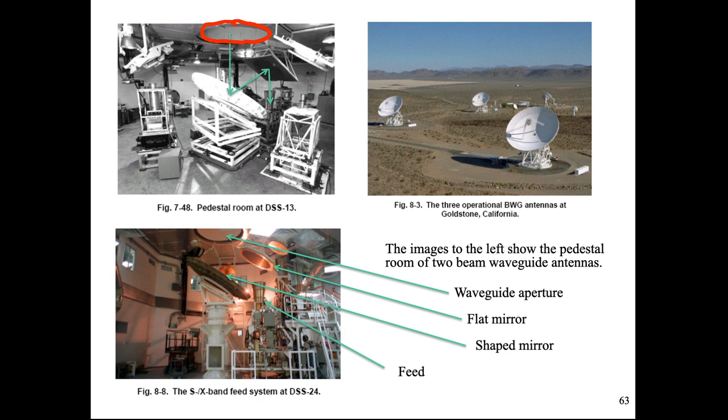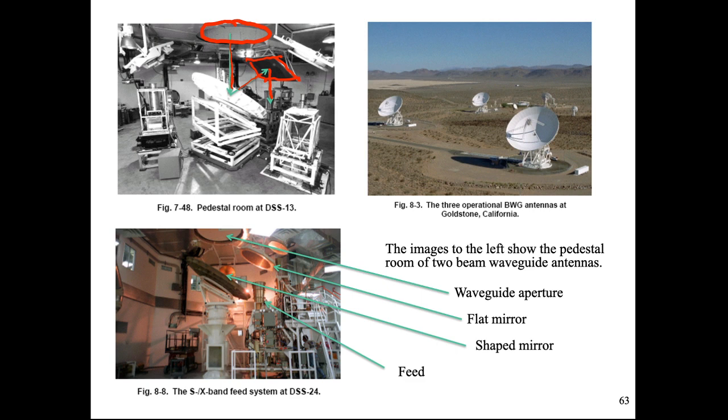So the beam goes along these arrows and is reflected. You see that here we have another reflection mirror, and finally it goes into the horn, into the feed.